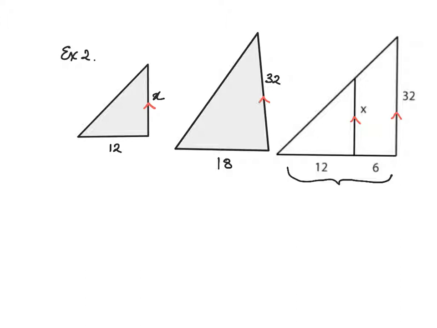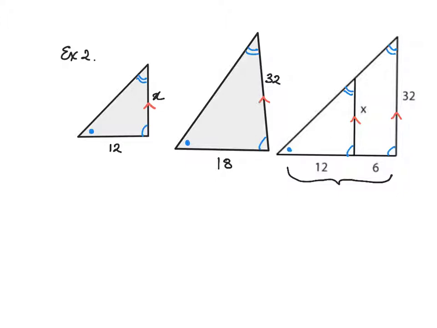So this angle is the same size as this angle because the smaller triangle fits inside the larger triangle at this point. Here are two corresponding angles, or F angles, and these angles also correspond. So the triangles are equiangular and therefore similar.